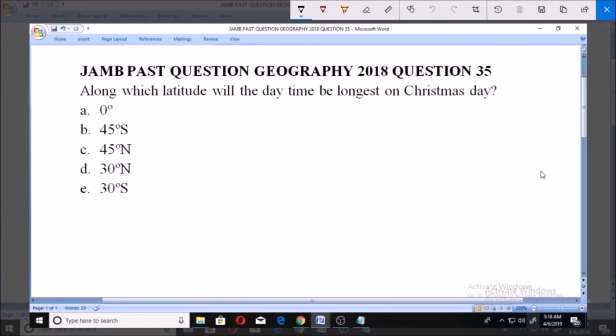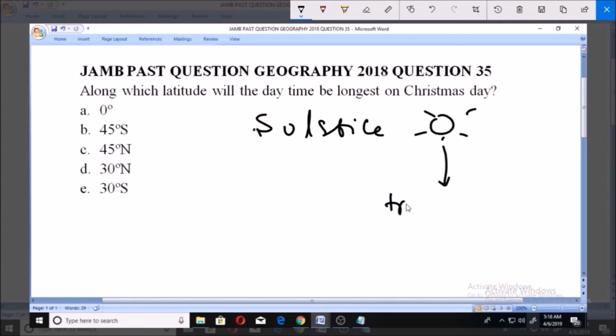Now, the period which involves having different lengths of day and night is known as the solstice. Those periods are known as the solstice. Now, it occurs when the sun is vertically overhead at the tropics of Cancer and Capricorn.